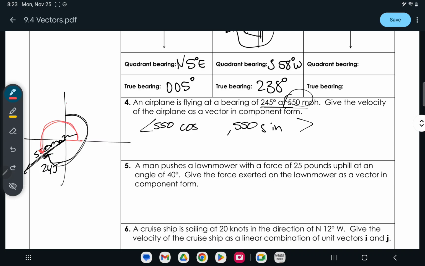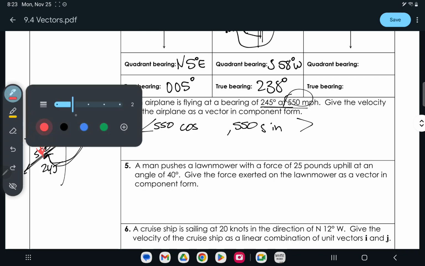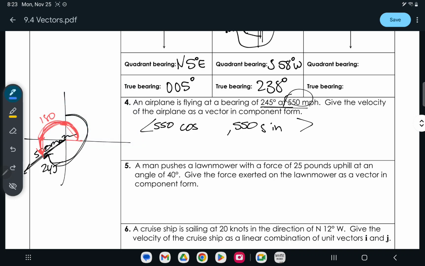So I know that quadrant 1 is 90, quadrant 2 is another 90. So far this piece right here is 180. And I have to figure out what this little chunk right here is. So I can do some side math. This angle here is going to be 270. Well, I have 245 here.